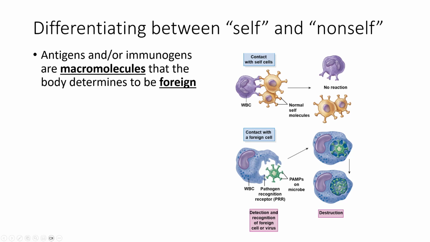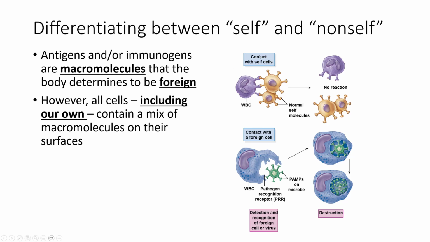And that's a key distinction, because what that means is that we could theoretically respond to ourself. Our own body cells contain lots of little particles that these cells could react with. And we have to then be able to differentiate between what we consider the self, our own body, and the non-self, generally speaking, things that are foreign to us. And so this is a key thing that has to take place within the body.